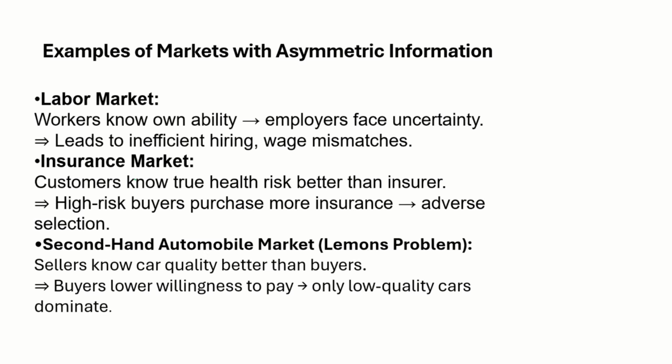Someone can put wrong information in their resume, so it creates inefficient hiring or wage mismatch in the market. In the insurance market, the same case happens. People seeking insurance often have private information about their health status or lifestyle choices, which they may not fully disclose. For example, someone who knows they have a pre-existing health condition might still apply for health insurance, knowing that the insurer cannot fully assess their health risks. As a result, the insurance company may misprice premiums, leading to adverse selection.